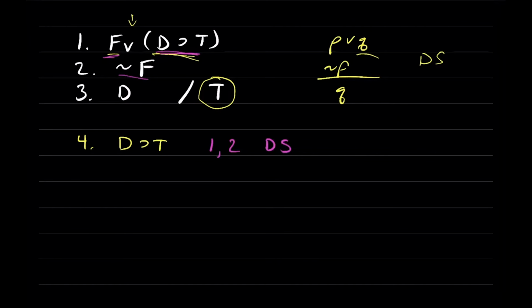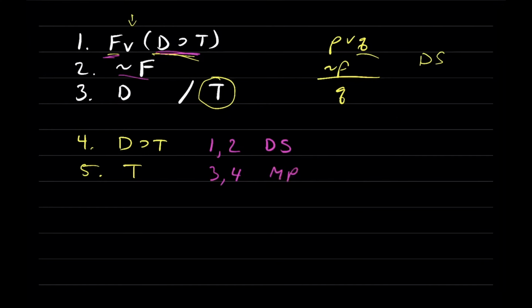All right, let's keep going here. Well, our new line number 4 says if D, then T, or D implies T. And line number 3 tells us that D is actually true. From those two statements, we can conclude that T has to be true. And why is that? Well, it comes from line 3 and line 4, according to the rule Modus Ponens, MP.